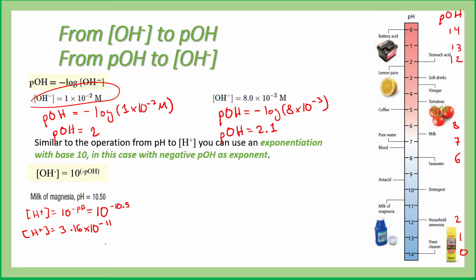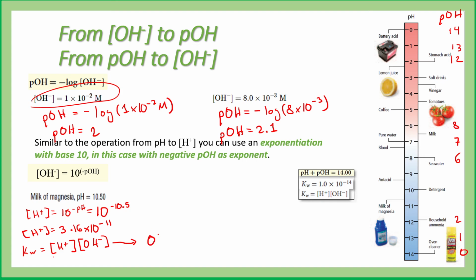And then, you may remember this, with that you can calculate the hydroxide ion concentration, which is given by the division of the water constant by the hydrogen ion concentration.